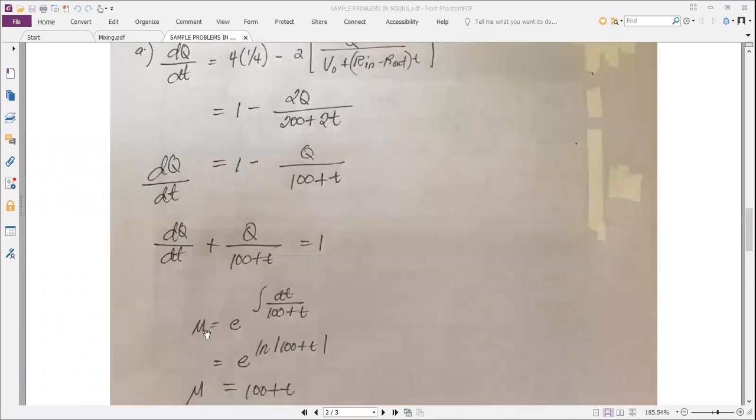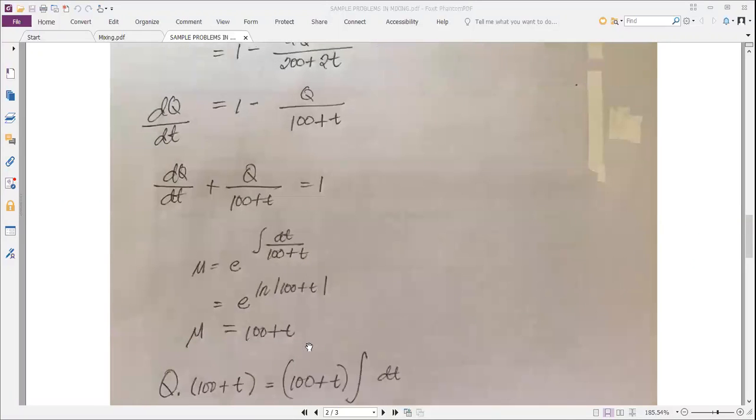Your integrating factor mu is e raised to the integral of p of t, which is 1 over 100 plus t. That would be an ln for this integral, and e raised to an ln eliminates the e and the ln, leaving you with the argument of the ln. So this is now your integrating factor.